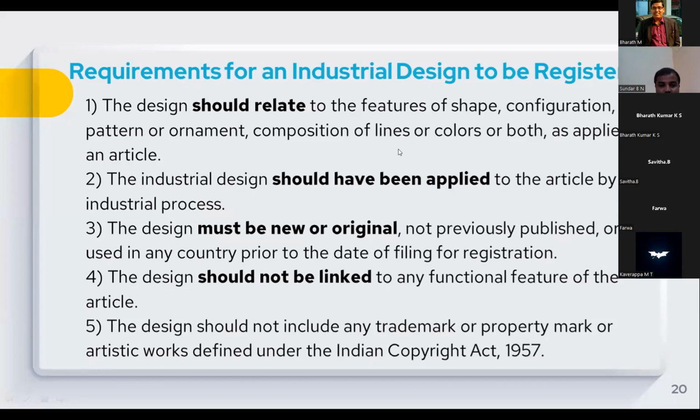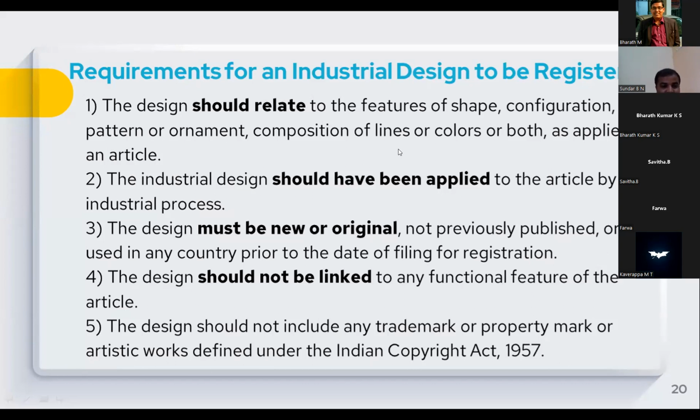The second requirement is that the industrial design should already have been applied to an article by an industrial process, which means you are already using that particular design. Why we are stressing this point is that in patents there are separate things called provisional specification and complete specification.